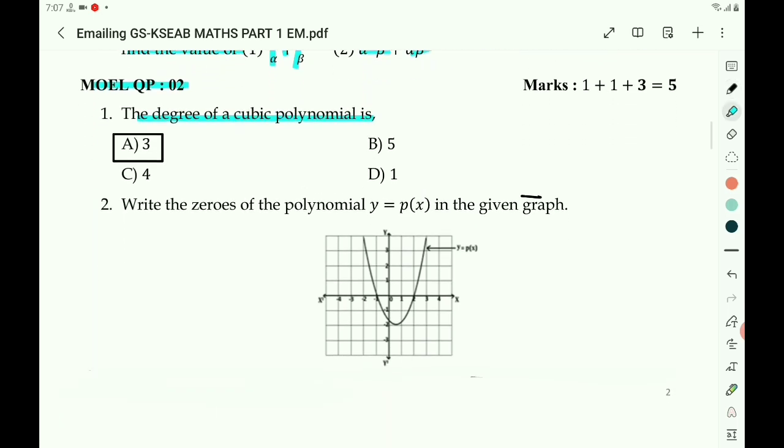Then the second question, write the zeros of the polynomial y equals p of x in the given graph. Here you observe the graph. It intersects the x-axis at 2 points. These are the 2 points at which the graph intersects the x-axis. What are the coordinates here?